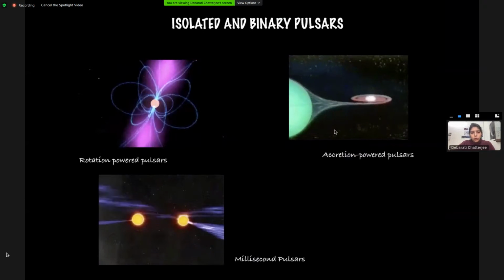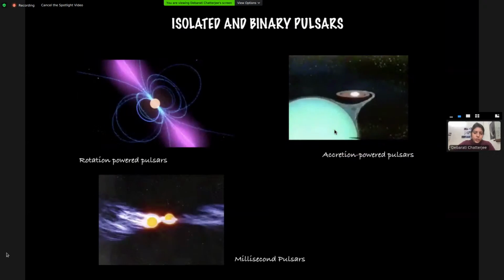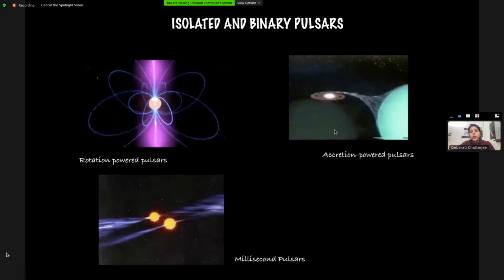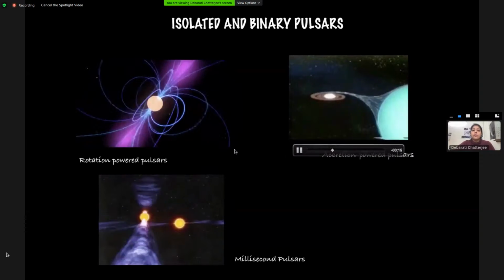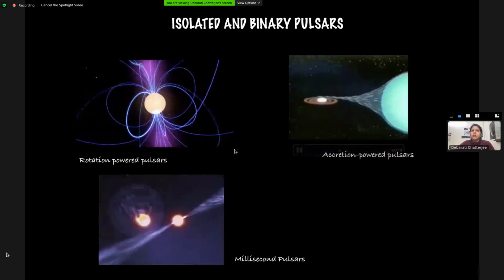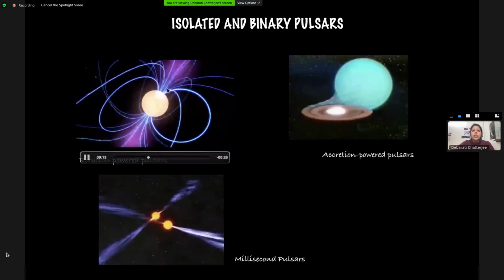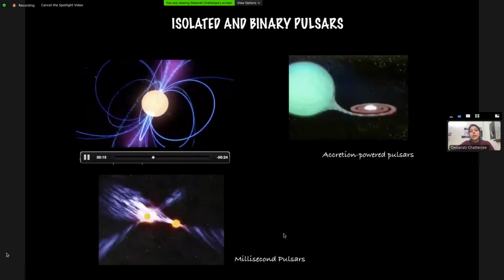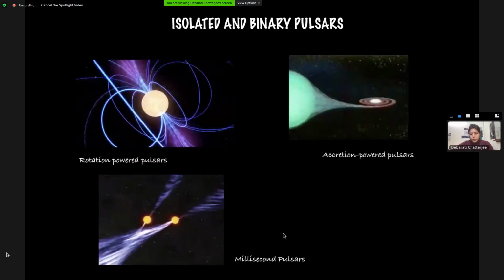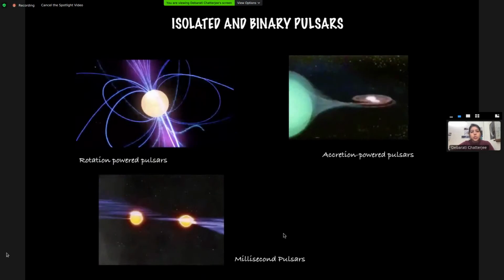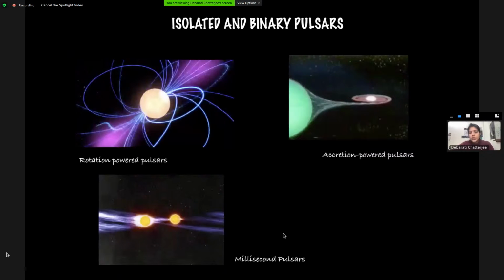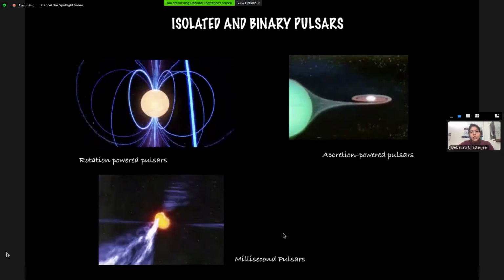We also know from these radio observations of very periodic pulses that there are different types of pulsars, which are also isolated or in binary. For example, there are rotation powered pulsars, which means the energy is provided by the magnetic field, which is very strong in the case of pulsars.